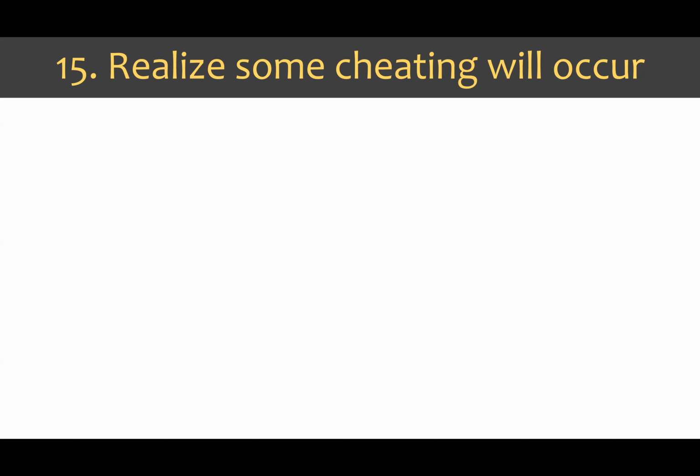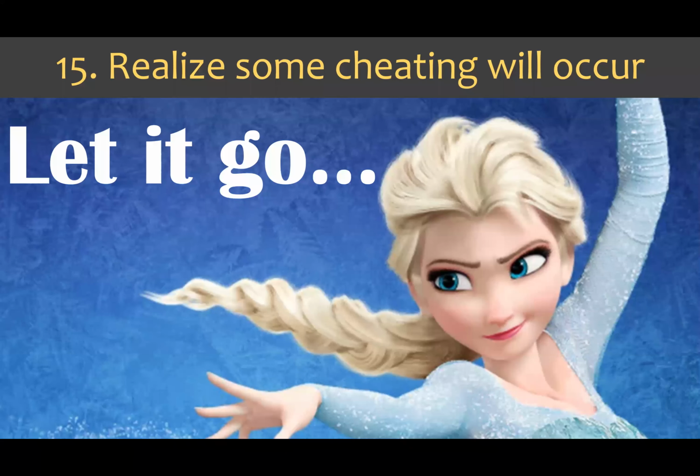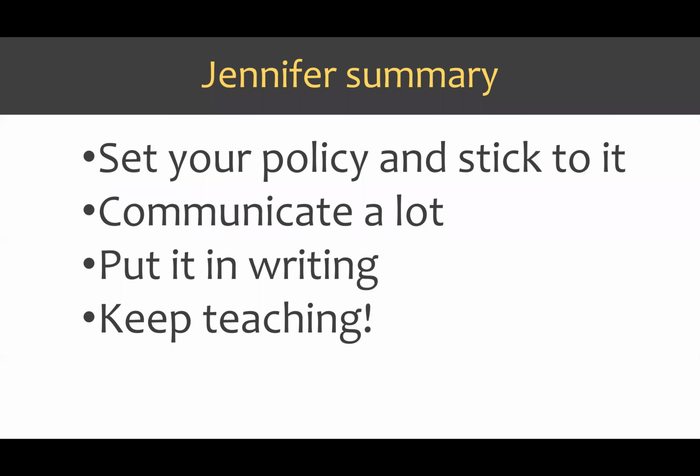So if someone's cheating, they're going to have a really good friend that wants to do lots and lots of work. But the big advice there is let it go. You know, I mean, do the best you can. You are going to find out that your exam distributions, when you first do this, you think everybody's going to get an A. That's not the case. I have almost the same distribution I had when I had in-person classes. So you have to relax a little bit. And now I'm going to give it back to Jennifer, and she's going to kind of summarize her main advice.